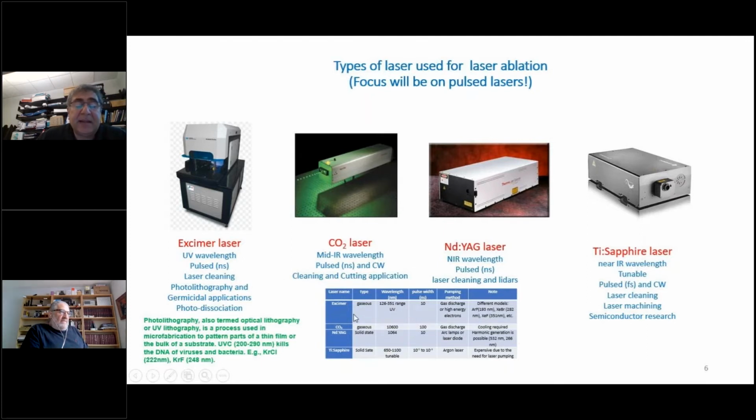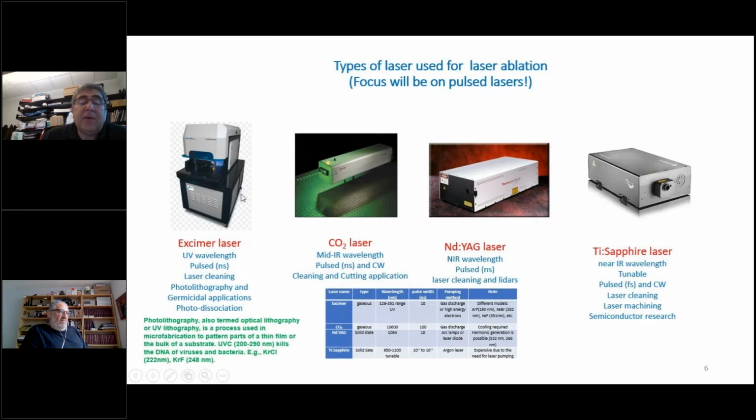UV is a gaseous laser. This is basically suitable for the lab environment. It's not really meant to be used in the field. It's a low rep rate laser, but it's suitable for germicidal applications, basically, and photodissociation.